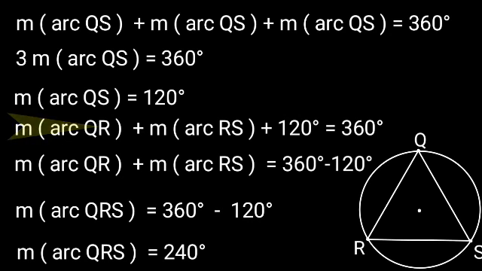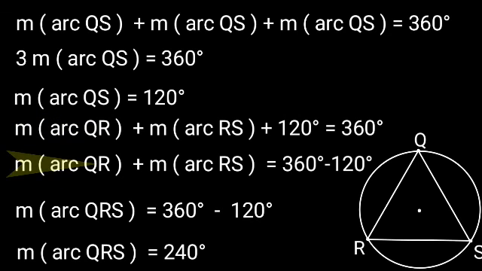We know that the sum of the 3 arcs is the complete circle. Hence measure of arc QR plus measure of arc RS plus measure of arc QS, whose value is 120 degrees, is equal to 360 degrees.